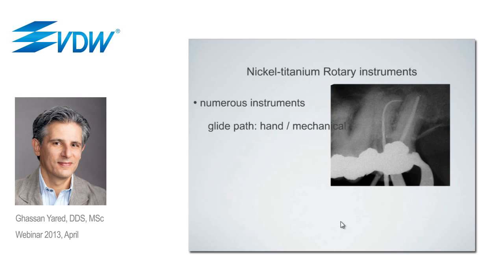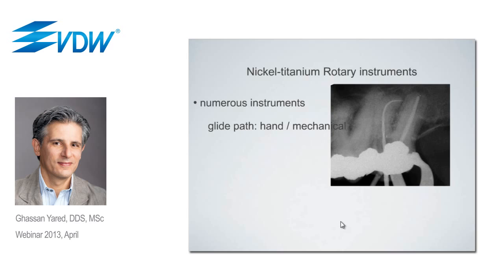It's not easy to create a glide path in a severely curved canal like that one. No matter how skilled we are, this is a canal where we can cause problems just because we are using hand instruments. So the question is, why do we have to use these hand instruments to check patency, to obtain patency, and to create a glide path if we are able to do these cases without a glide path?